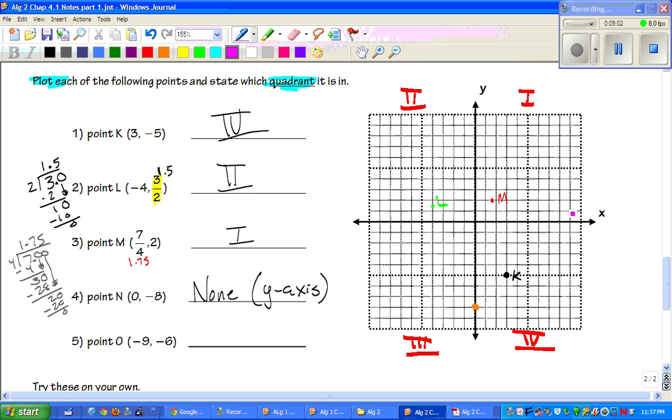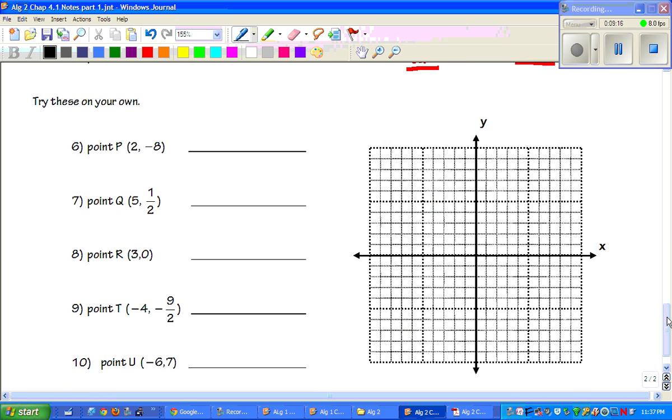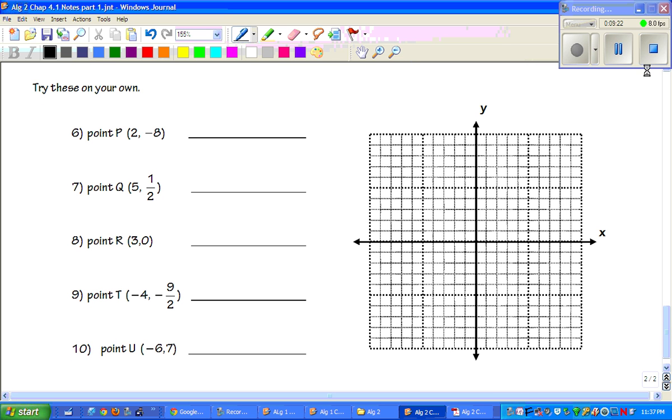All right, and point O, negative 9, negative 6, and that is in the fourth quadrant. Okay? Go ahead and try those on your own. Pause the video and let's see how you guys do.